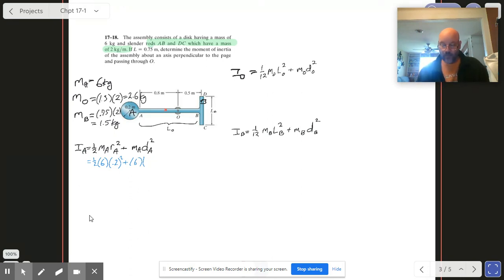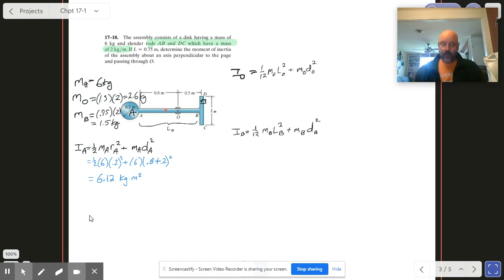Now, the point of rotation is all the way here out to the center like that. So it's going to be 0.8 plus 0.2. So we've got 0.8 plus 0.2 squared. Okay, so I calculated that earlier, and I got 6.12. And we're in metric units, so it would be kilogram meters squared.